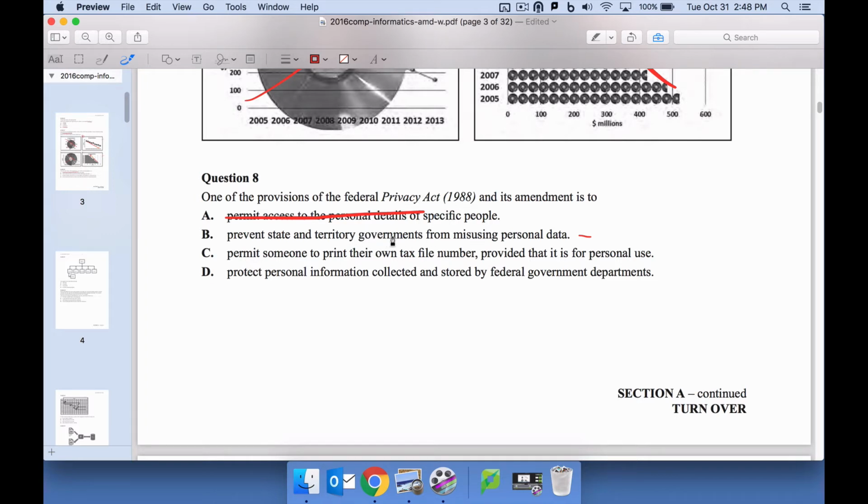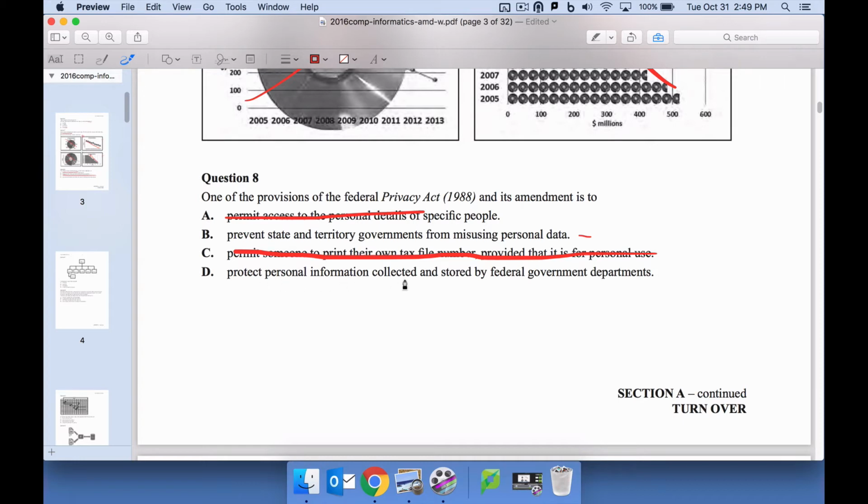government bodies and businesses. C is permit someone to print their own tax file number provided that it is for their personal use. No, that doesn't sound right, so let's scrap that one. D, protect personal information collected and stored by federal government departments. So out of these two, B and D, this one sounds more reasonable.